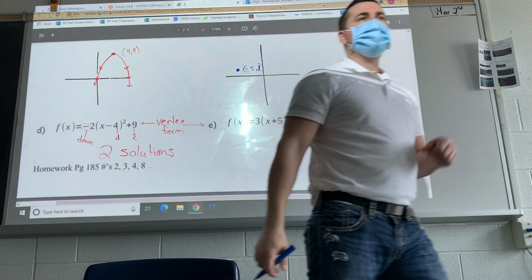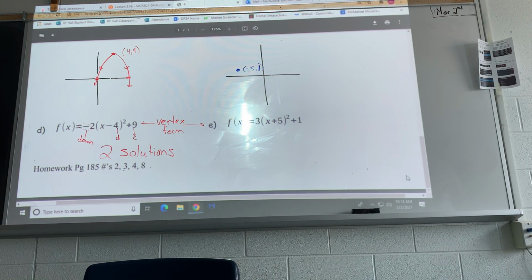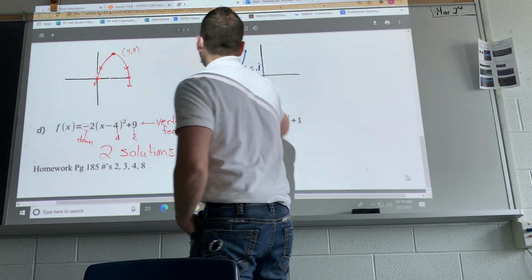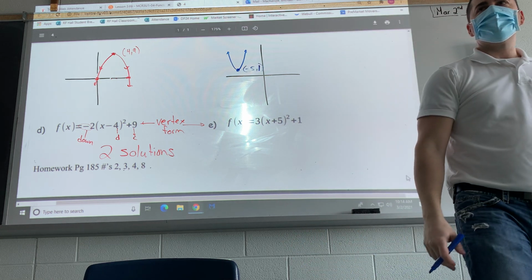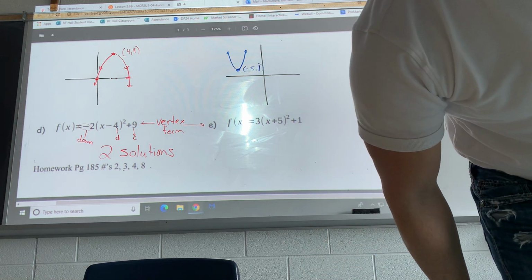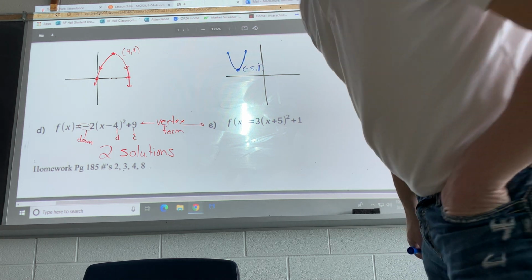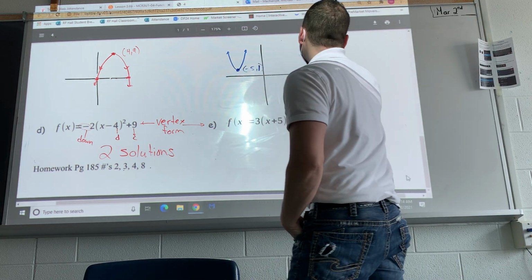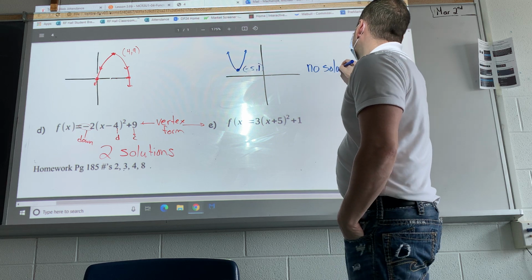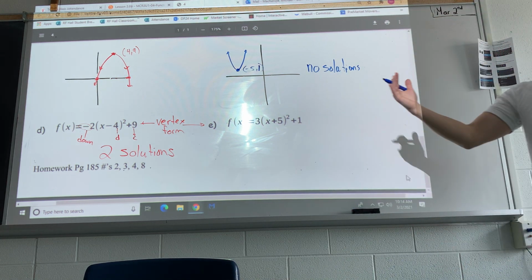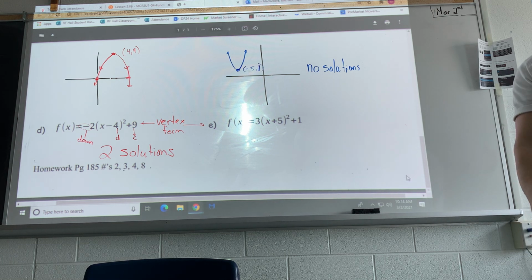And which way does it face? Up or down? Up. Good. So we have it going this way. So how many solutions? No solutions. Thank you, Daniel. So no solutions. It doesn't cross the x-axis.